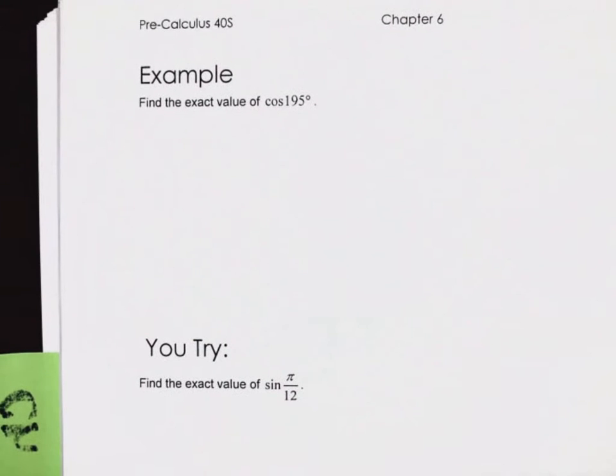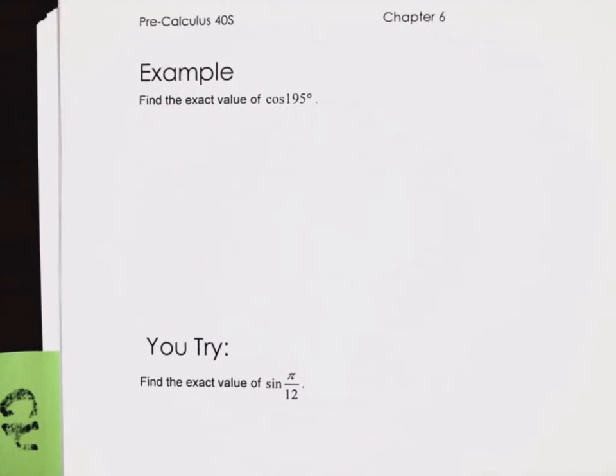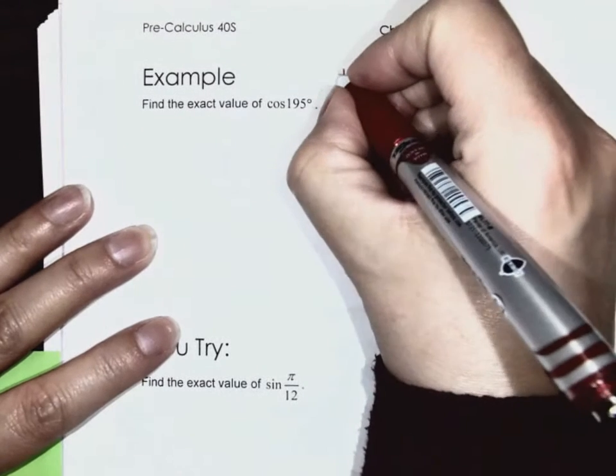Okay, find the exact value of cos of 195. I'm going to challenge you guys to do this as a subtraction one. So you're going to find two angles.